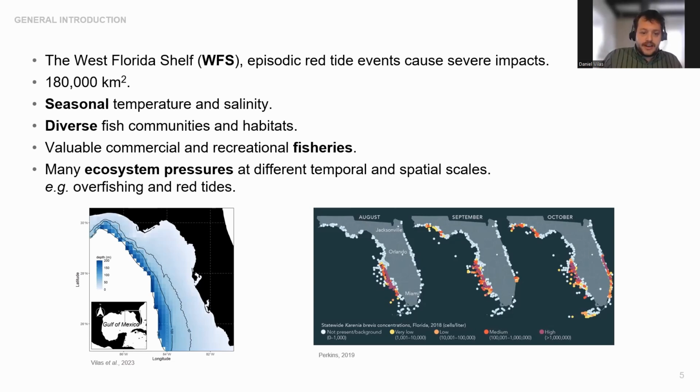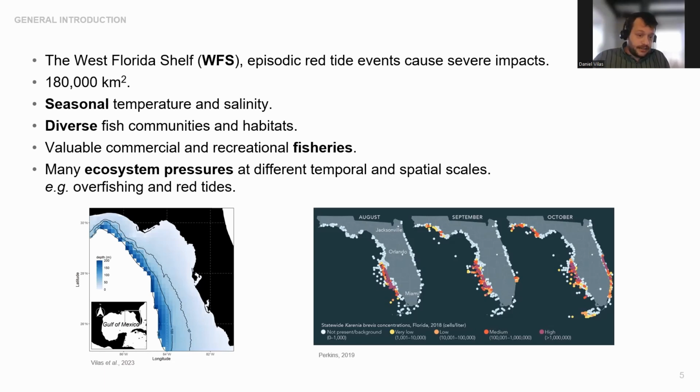The West Florida Shelf is a region in the northeast Gulf of Mexico. It covers 180,000 square kilometers with a broad shelf, and seasonality in temperature and salinity. It hosts highly diverse fish communities, especially reef fish species and habitats, and it also supports valuable commercial and recreational fisheries.